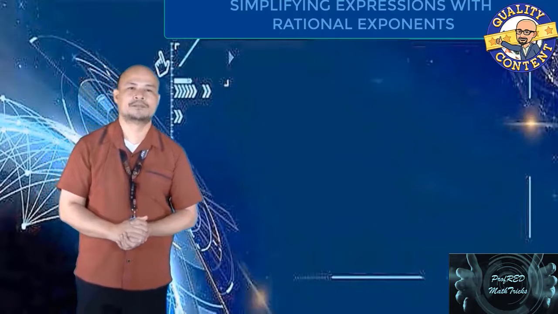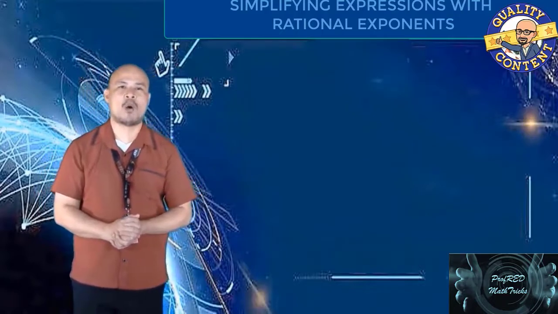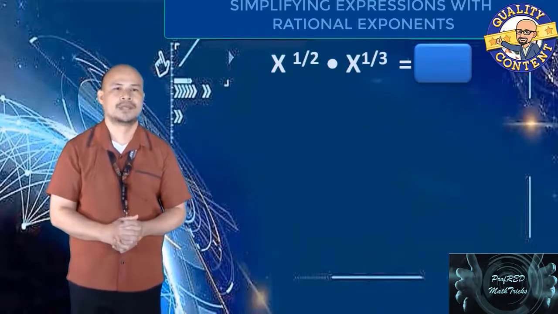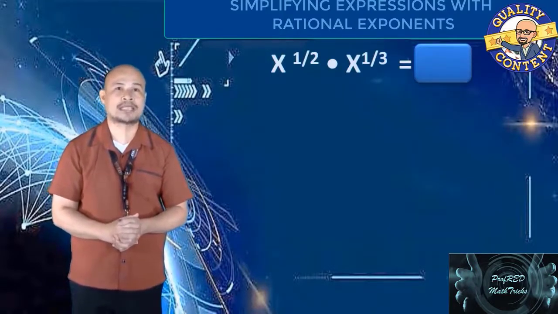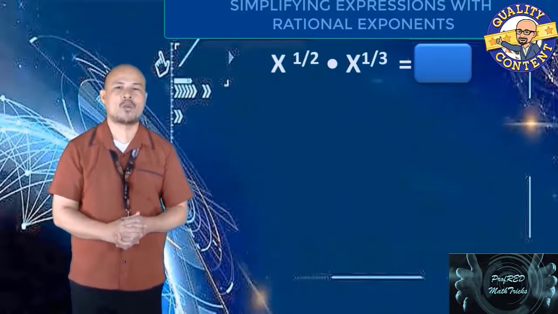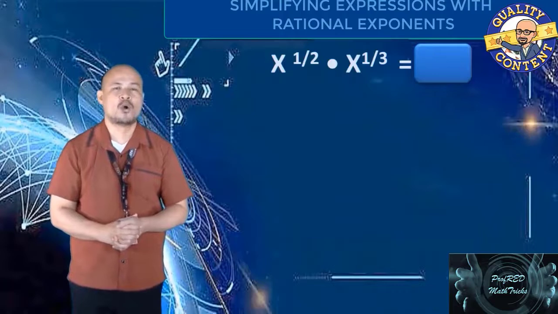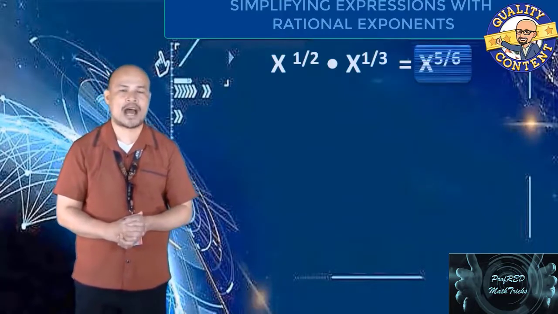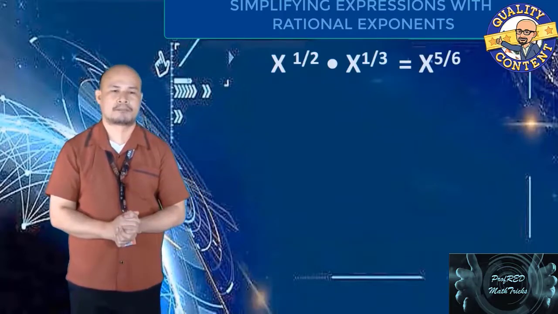For example, x raised to the power of 1/2 multiplied by x raised to the power of 1/3. x to the 1/2 times x to the 1/3 equals x, and the exponent 1/2 is added to 1/3, resulting in x raised to the power of 5/6.